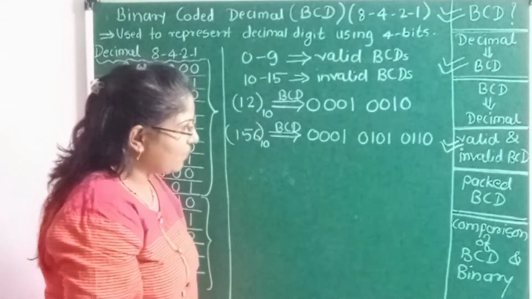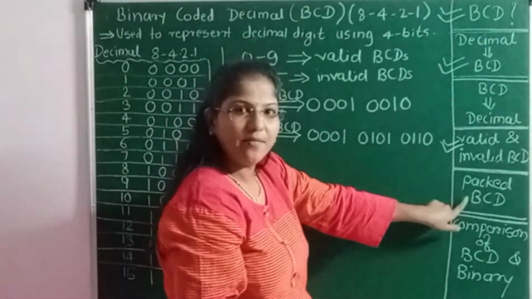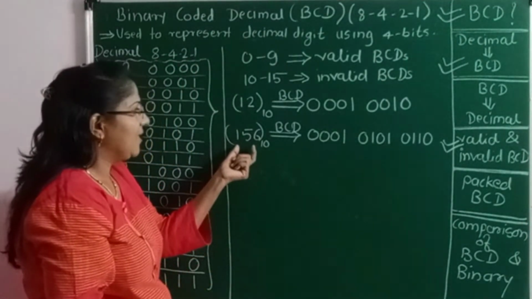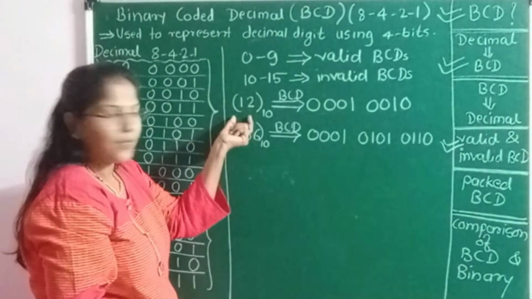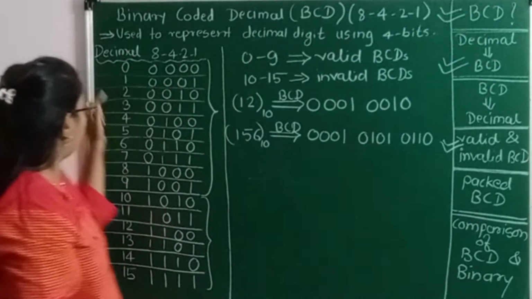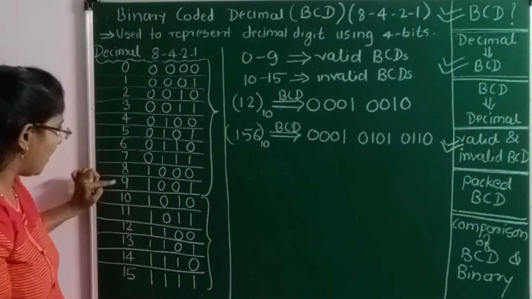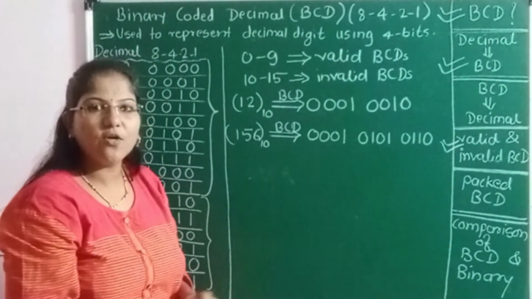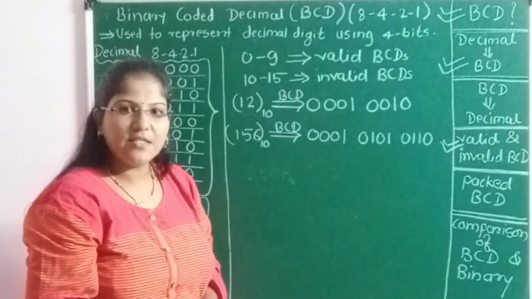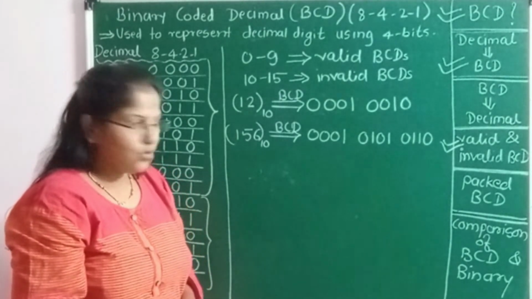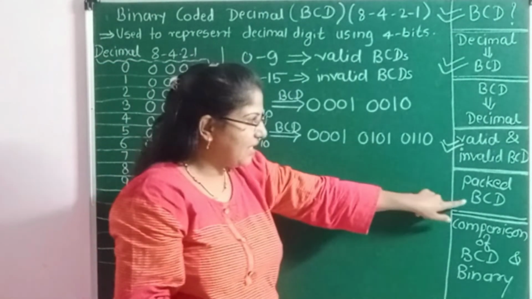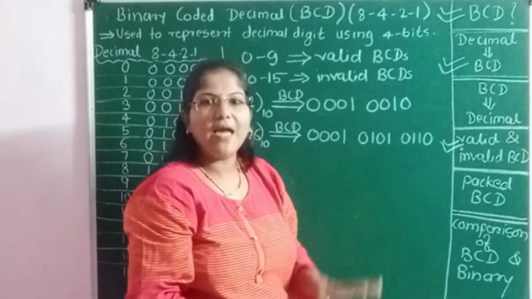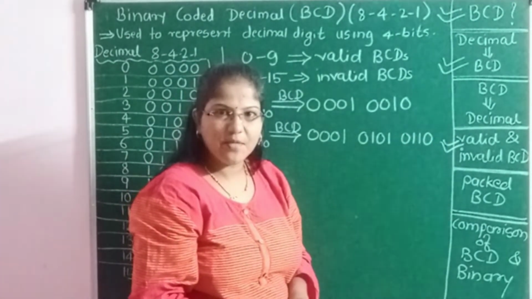Now the next one is what is packed BCD. Now here you can see 156, 12 is there. Decimal digits are only from 0 to 9. After this, whatever number we are going to represent is nothing but a combination of the digits 0 to 9. So, when we use the BCD to represent any decimal number from 9 onward, it is called packed BCD.